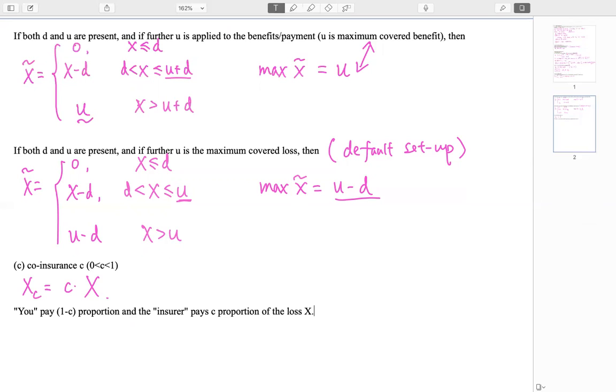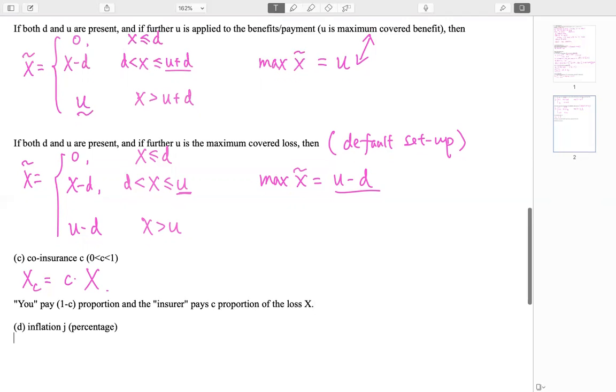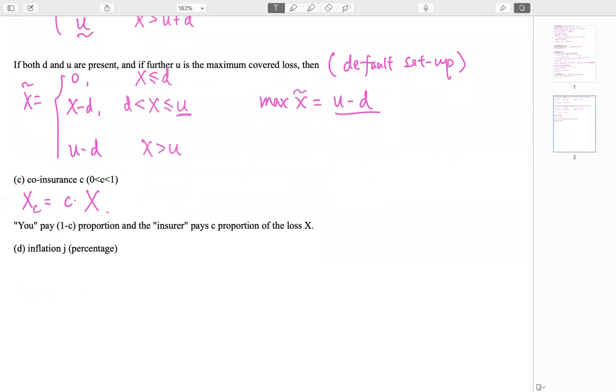Okay, there is the fourth one. It's called inflation, but inflation is quite different from the other three. What percentage do we use for inflation? Let's say we use J. So J is a percentage. J is actually applied to X. So let's say we need a different time scale.